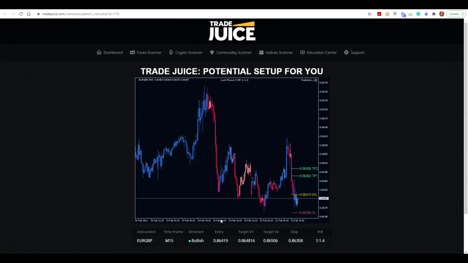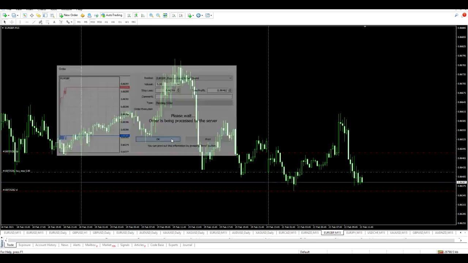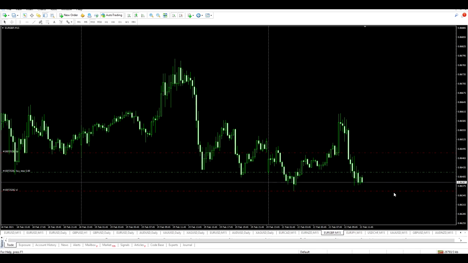And you can place the trade, or you can go here to expiry and put an expiry of 2-3 hours, just because you're always going to have more trades. You don't need to wait a day or 2 days for the market to come to you, and that's why I really love how Tradeuse operates, since you always have something to trade with this platform.